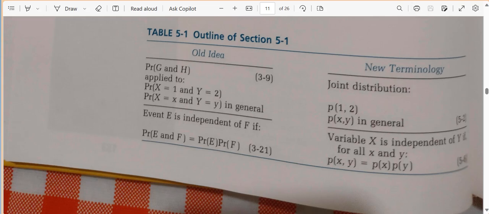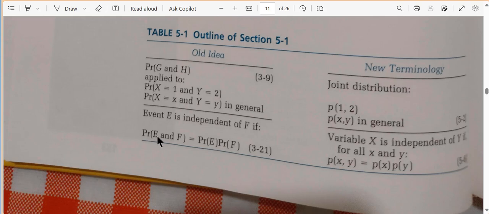Now that's saying a lot more than just saying that 2 events are independent. So when we say that 2 random variables are independent, that's not the same as talking about 2 events being independent. I mean, it's a much stronger statement.